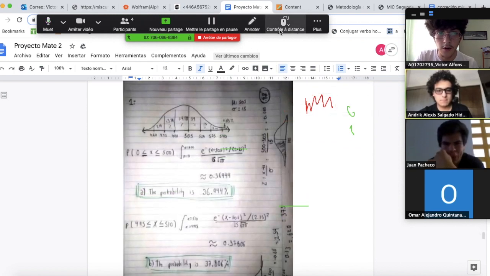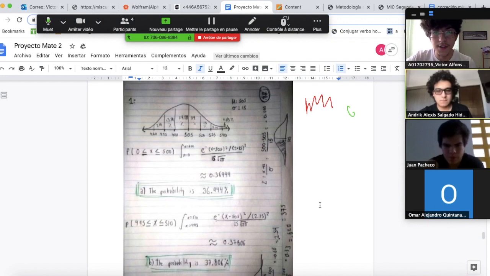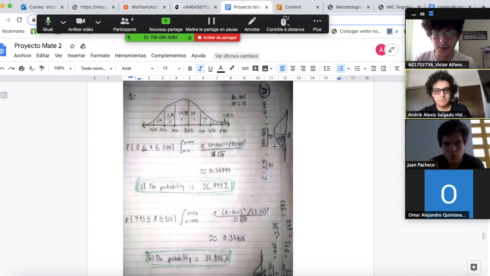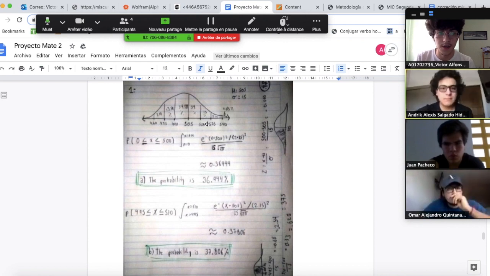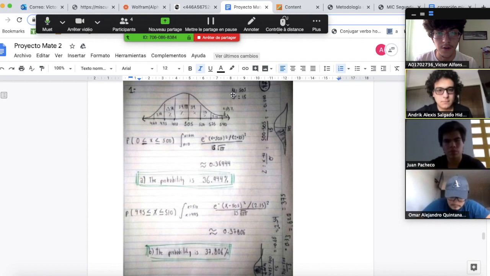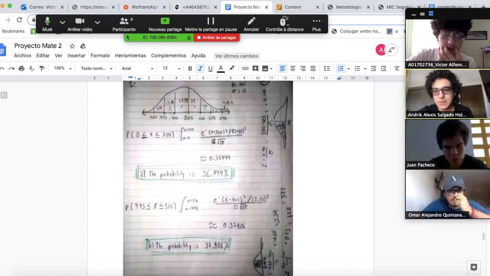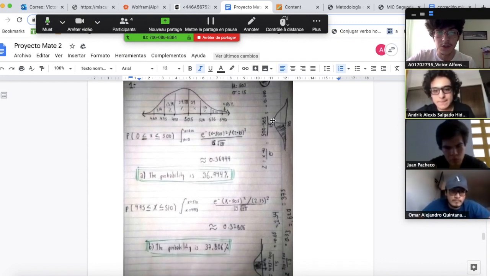And we had other problems where we had to investigate how to do these exercises with larger numbers. So for instance, let's take the first example. The mean was 505, and the standard deviation sigma was 15, and we had to investigate how to do these problems.